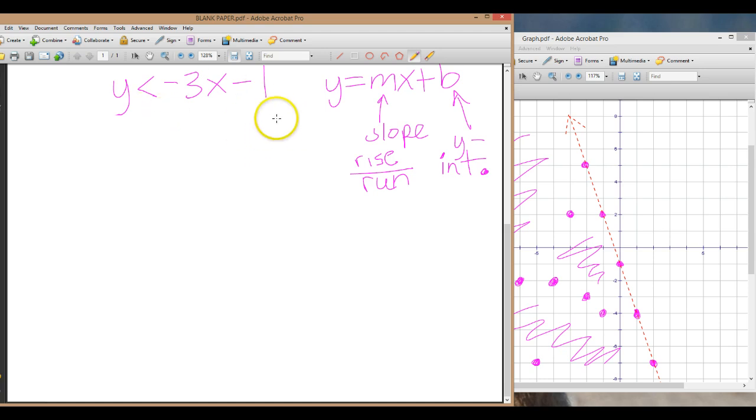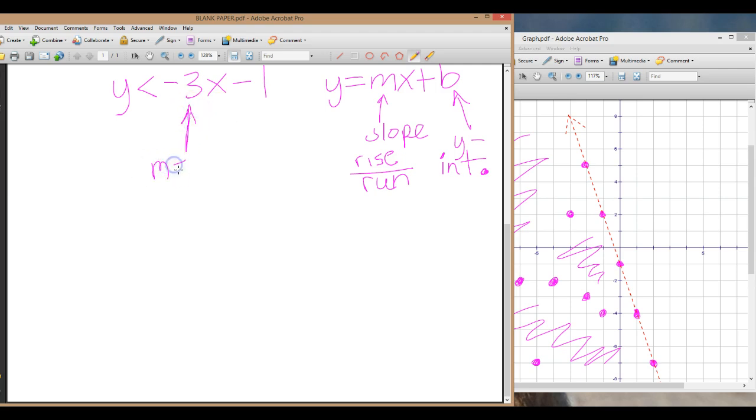So what we have here is a linear inequality in slope-intercept form. So in slope-intercept form, y equals mx plus b, where b is the y-intercept, that's where it crosses the y-axis, and our slope, the coefficient with the x, that is our rise over run. So if we wanted to graph this inequality right here, we would look at this number.